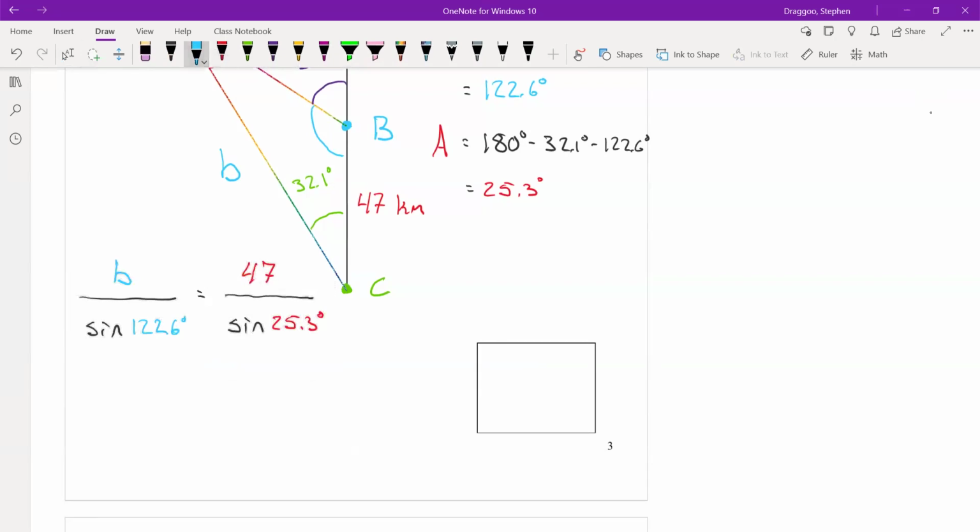Just need to solve that equation for length B. And it is 47 times the sine of 122.6 degrees divided by the sine of 25.3 degrees.